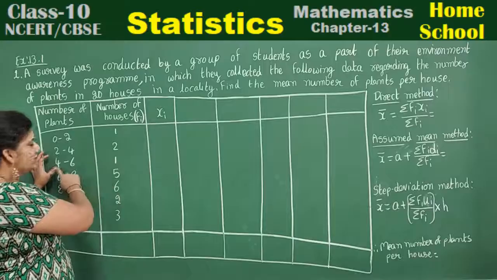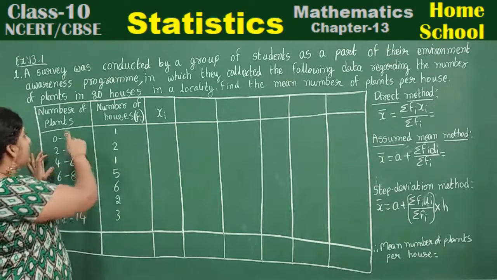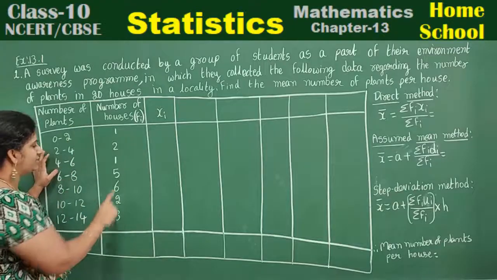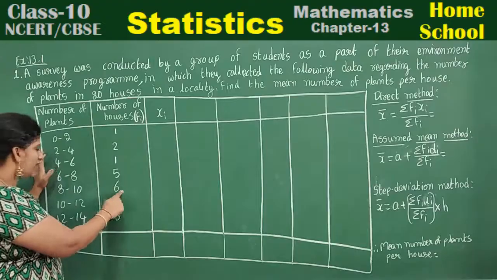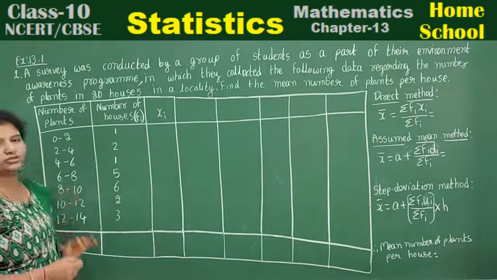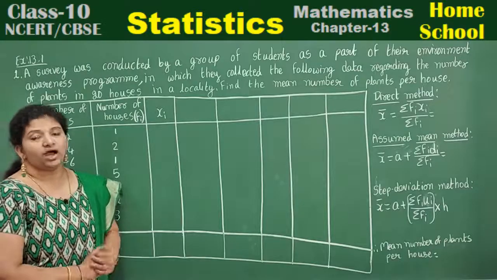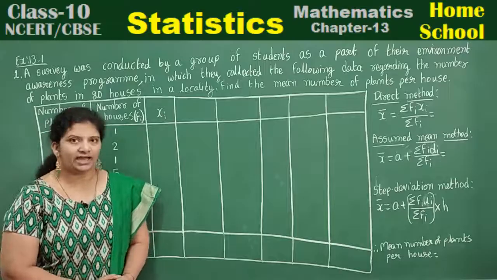And one house, 4 to 6 number of plants. 5 houses, 6 to 8. 6 houses, 8 to 10. 2 houses, 10 to 12. 3 houses, 12 to 14. How many houses have they done the survey? Total 20 houses.